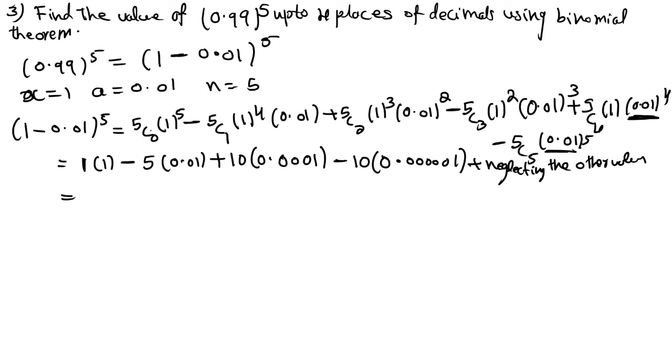So 1 into 1 is 1 minus 0.05 plus here see multiplying 10, that means you need to reduce 1 zero here because decimals are there, right? Decimals move 1 point here.